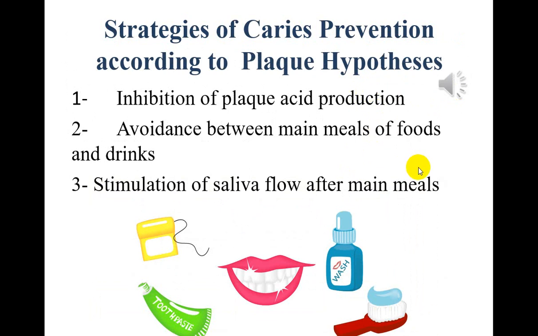The general strategies of caries prevention, according to the plaque hypothesis, involve, first, inhibition of plaque acid production. This can be achieved by using an agent, for example, fluoride.